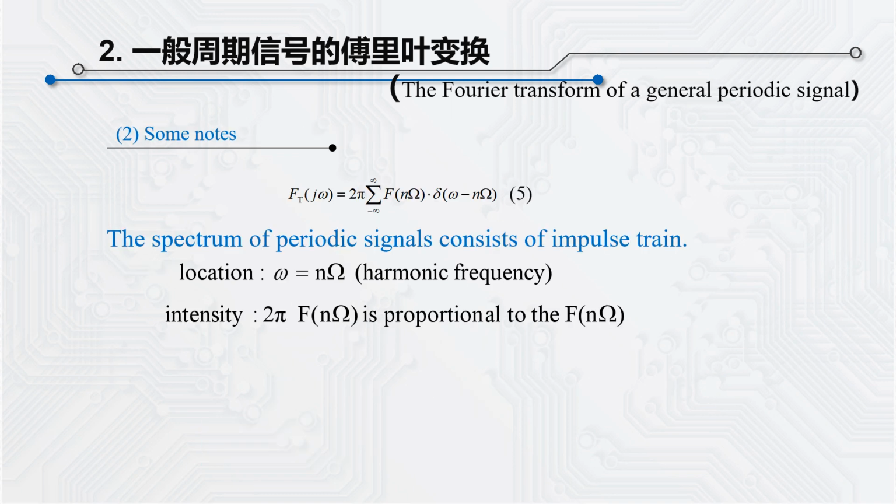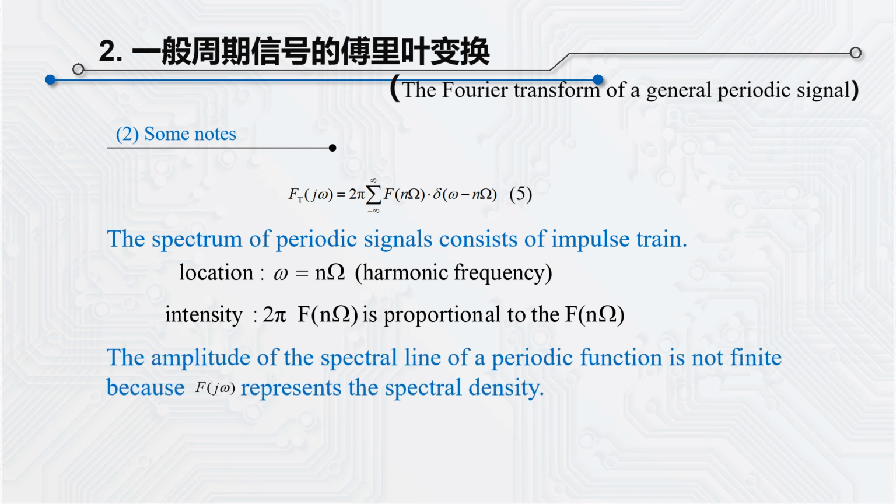Through the previous analysis, formula 5 is the Fourier transform of periodic signal. It's an impulse train. At omega equals n omega, an impulse with an intensity of 2 pi F(n omega) is generated.